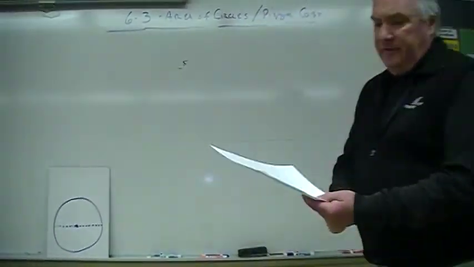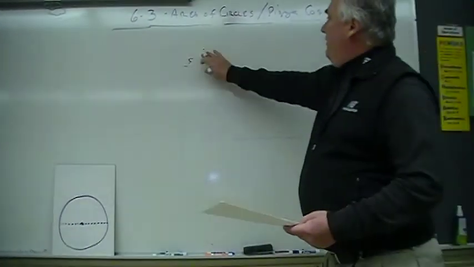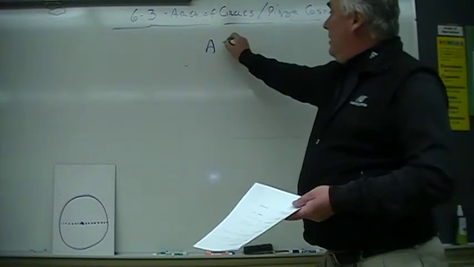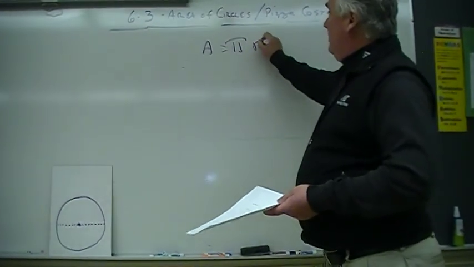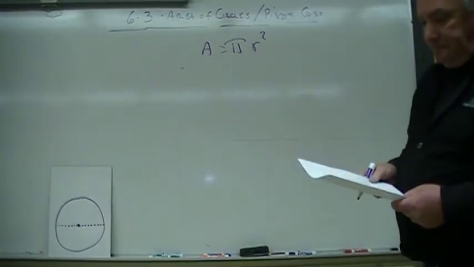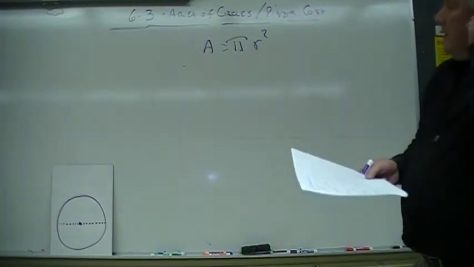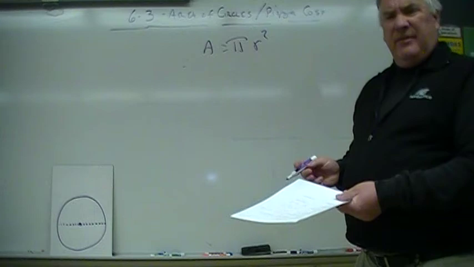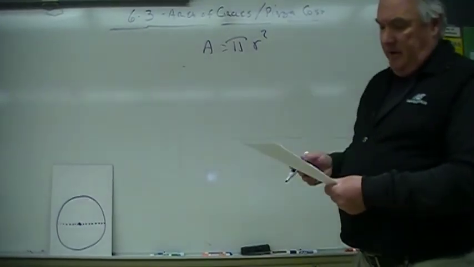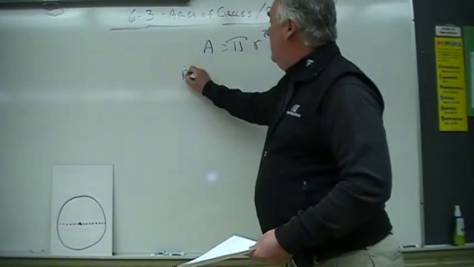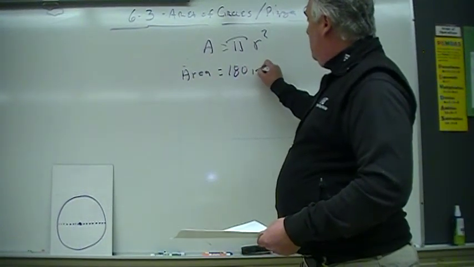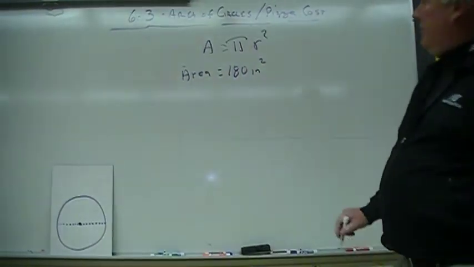We got one more left for a teaching problem. Put our formula back up. It's always good to put the formula on the paper when you're doing the math, so you can fill in from there. So area equals pi r squared. Teaching problem 2 says, let's find the radius. We're given the area. What if the area of the circle is 180 square inches?